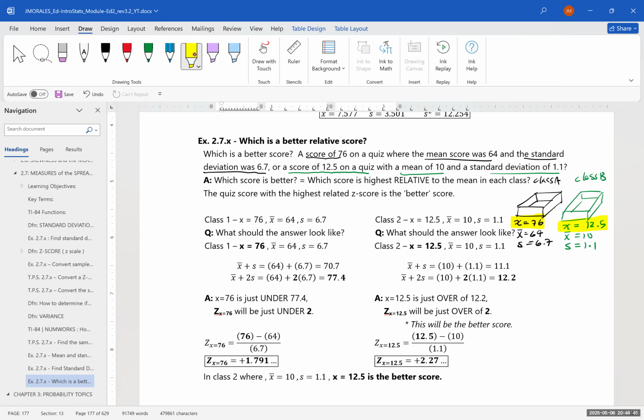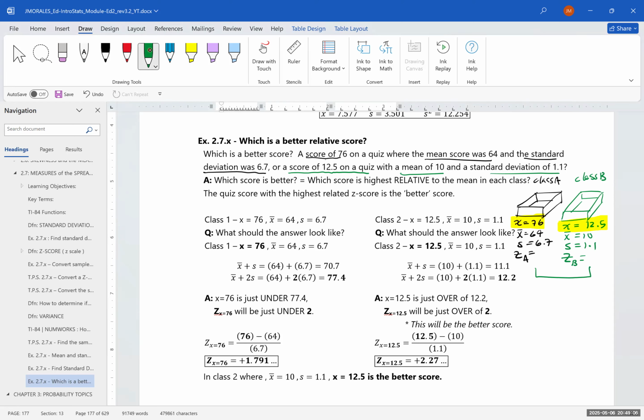Which did better relative to their classmates? So if we can calculate a z-score in class A, and we can calculate a z-score in class B, we can see which z-score is greater.